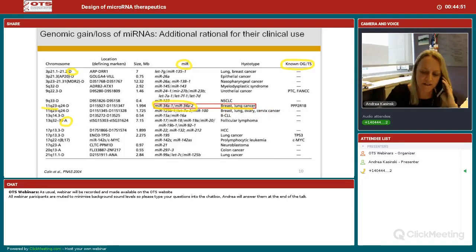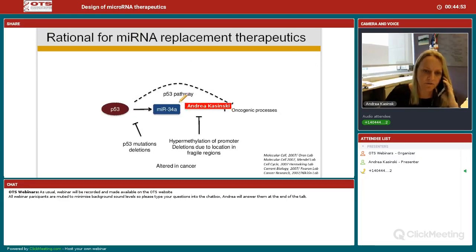And so we reasoned that in addition to individuals that have mutations in P53 being responders to miR34 therapeutics, perhaps individuals that have deletions of miR34, they may have wild type P53, but miR34 may be deleted. Or likewise, I didn't mention it, but miR34 is also epigenetically regulated and repressed due to hypermethylation.